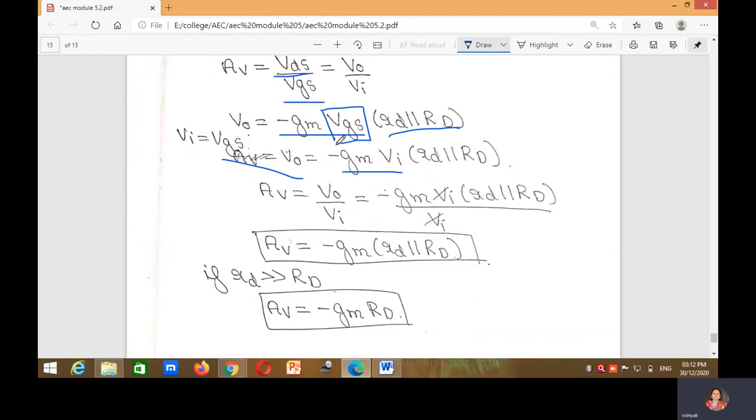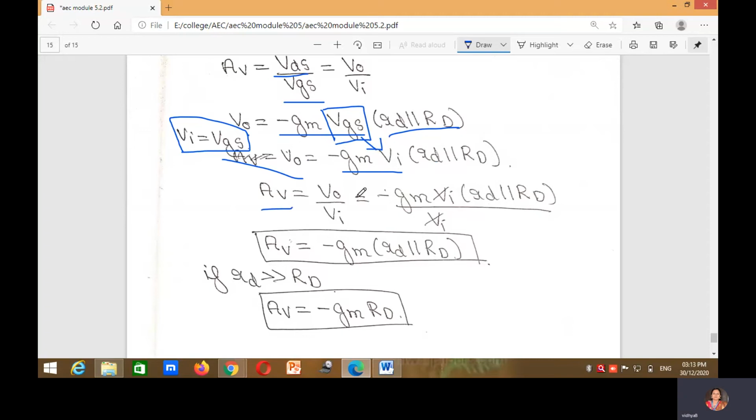Instead of VGS, we write Vi, since VGS is nothing but Vi. So the output voltage is minus Gm into Vi, into RD parallel with capital RD.